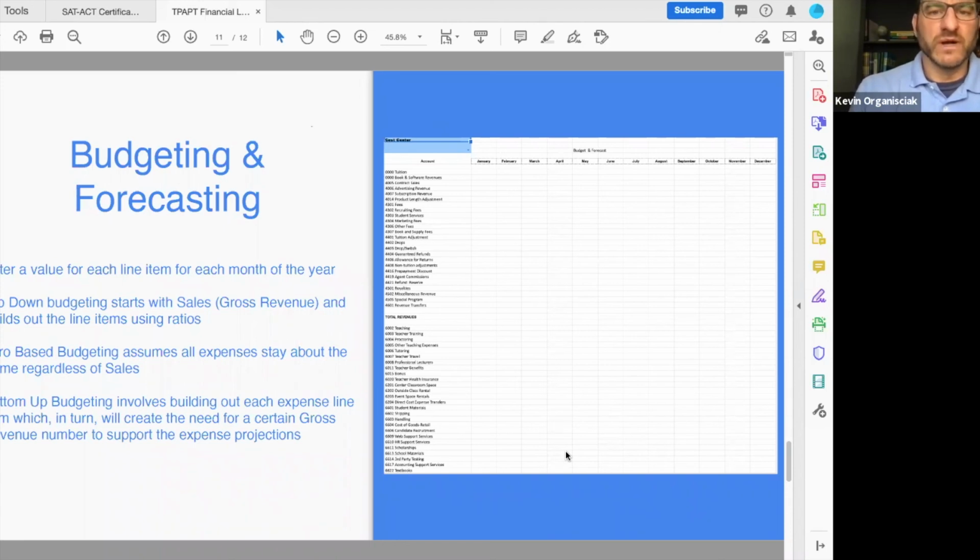Now, one more way that you can budget, one more way that is just sort of a general and familiar way for a lot of people to budget, is bottom up. And that's more if you plan to invest. So let's say I'm going to take on real estate. I'm going to take on another 1,000 square feet to add some tutoring rooms to my business.